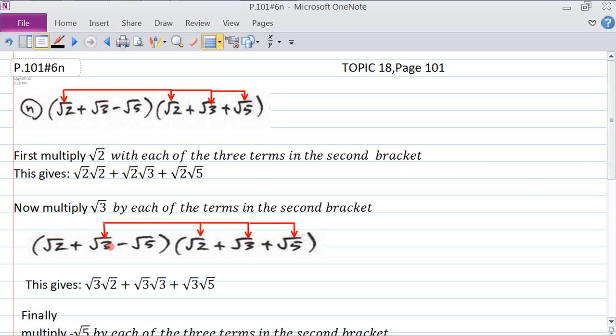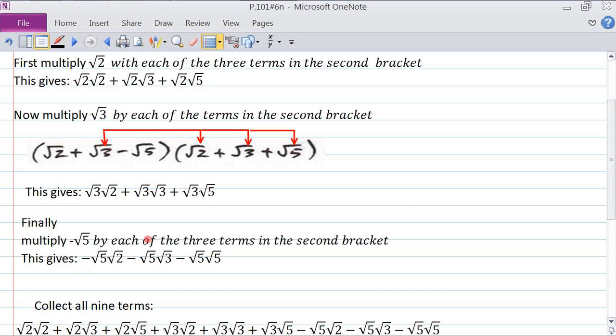Then the next part of the problem is we're going to multiply root 3, including the sign, by each one of these. And finally, we're going to multiply root 5 by each of the terms in the second bracket. So minus root 5 times this, this, and this.